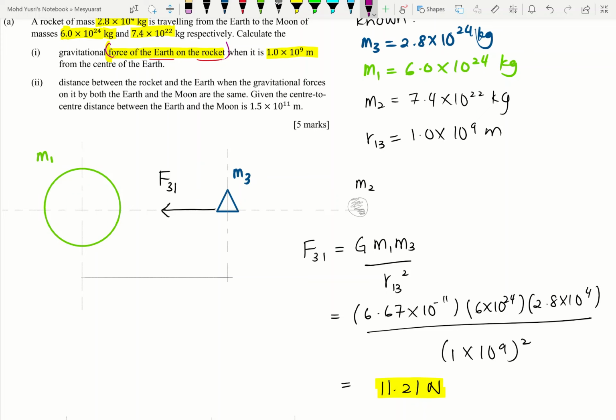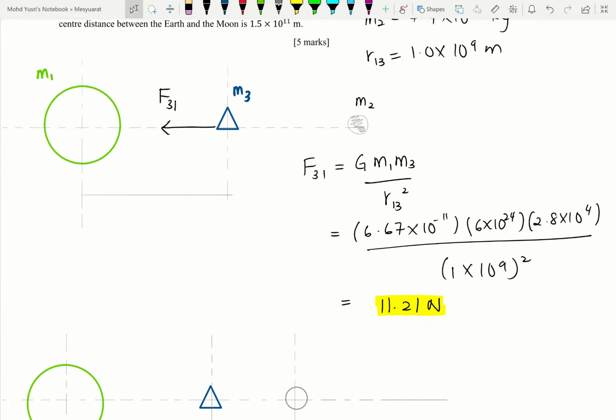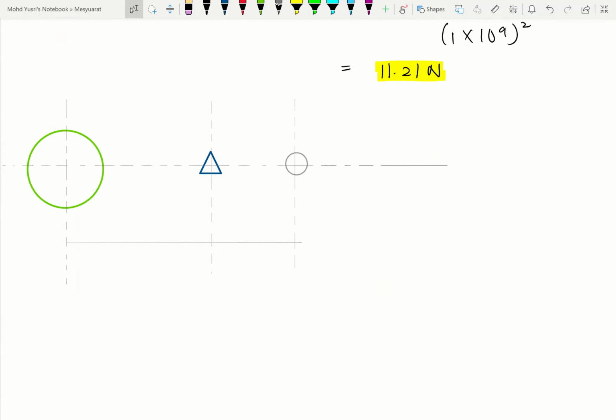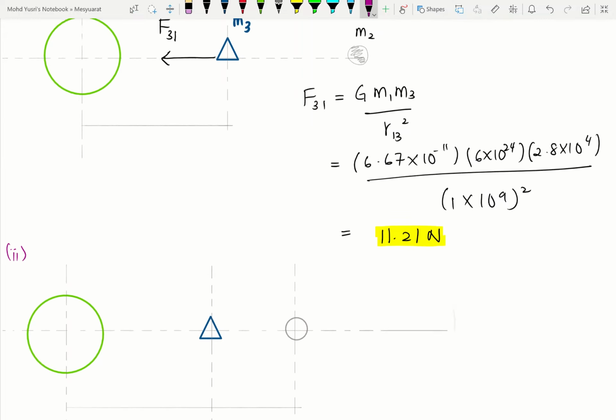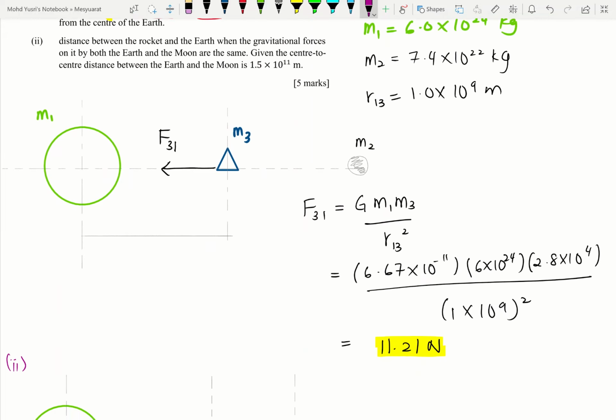Yang seterusnya, soalan nombor 2. Distance between the rocket and the Earth when the gravitational forces on it by both the Earth and the Moon are the same. Given that the center-to-center distance between the Earth and the Moon is 1.5 exponent 11 meter.